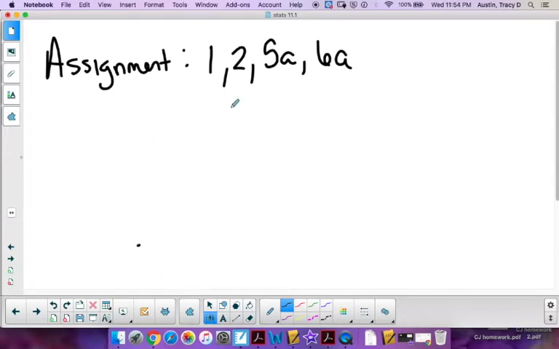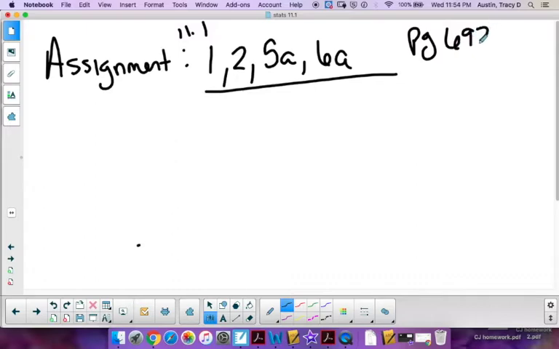All right, so your assignment is in section 11.1, on page 692. I want you to pay attention very carefully: 1, 2, 5A only, and 6A only, because that's just talking about your expected counts. It's basically like doing your conditions.